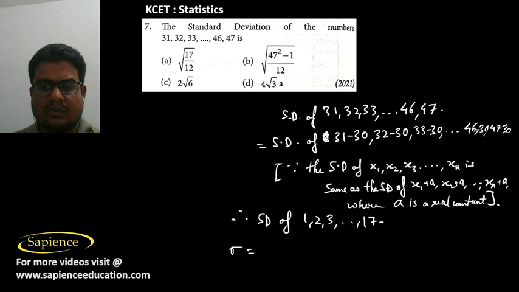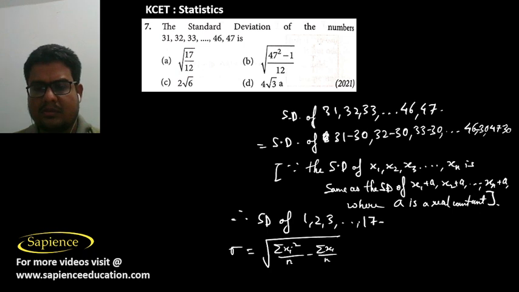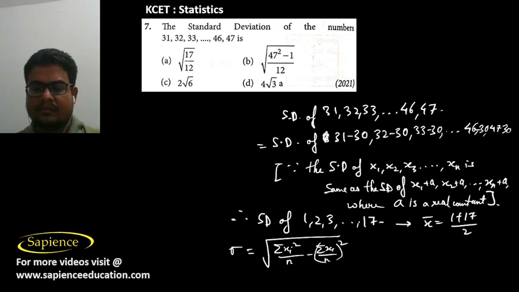That will be equal to the square root of summation xi square by n minus summation xi by n whole square. So their mean x bar will be equal to 1 plus 17 by 2, since their sum will be 17 by 2 into 17 plus 1, divided by 17.